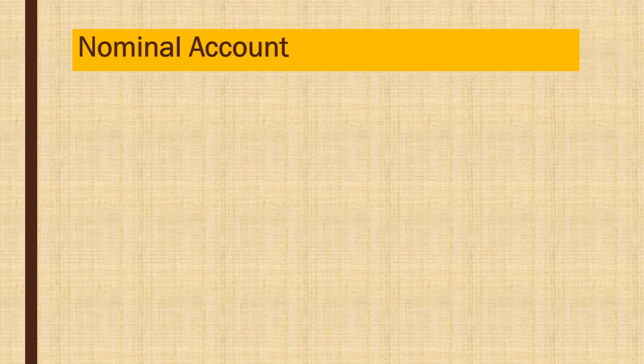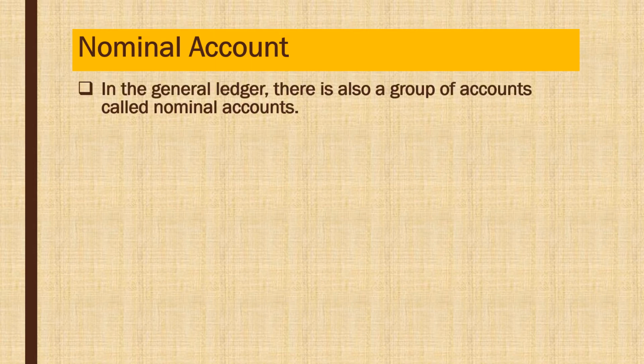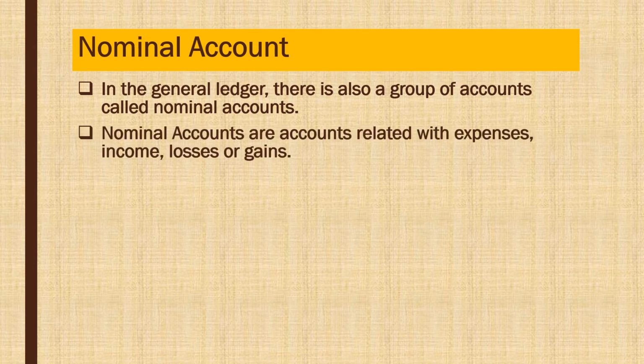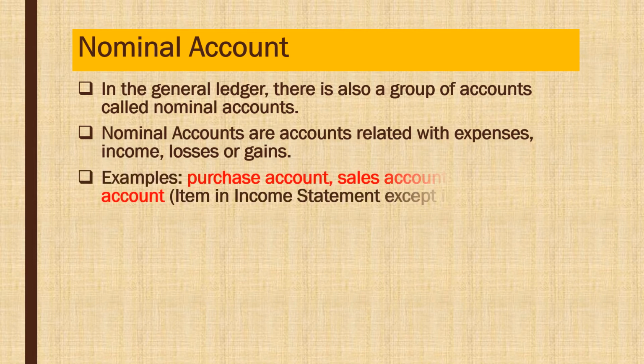Nominal account. In the general ledger, there is also a group of accounts called nominal accounts. Nominal accounts are accounts related to expenses, income, losses or gains. For example, purchase accounts, sales accounts, and expenses accounts.